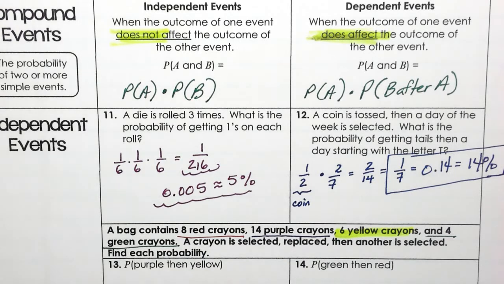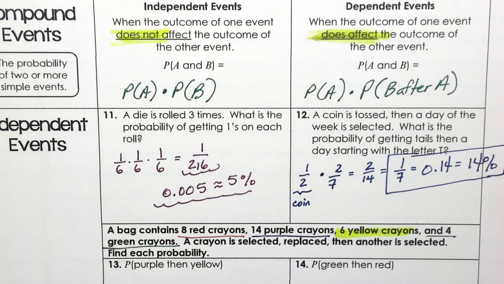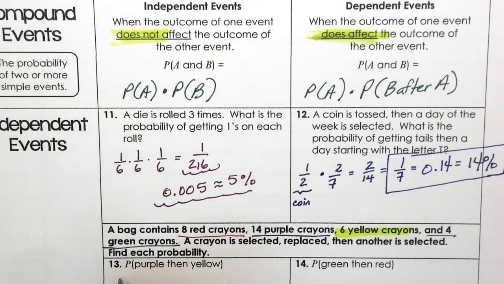So if you add all those crayons together, your total sample space has 32 crayons. So we have to come up with the probability of A and multiply it times the probability of B. Since there's 14 purple, we have a 14 out of 32 chance of drawing a purple.